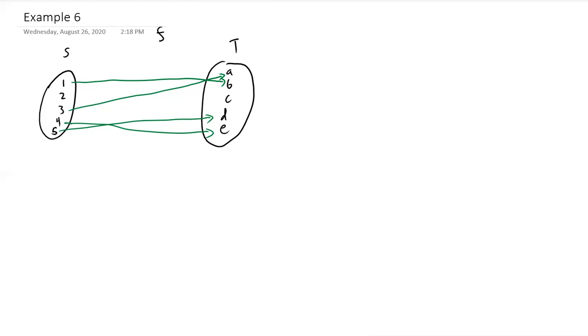Definitely, if an element of S is mapped to an element of T, then it's only mapped to 1. So for example, 1 is only mapped to B, 3 is only mapped to A, 4 is only mapped to E, and 5 is only mapped to D.